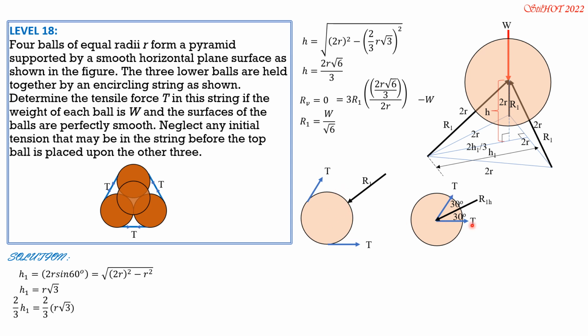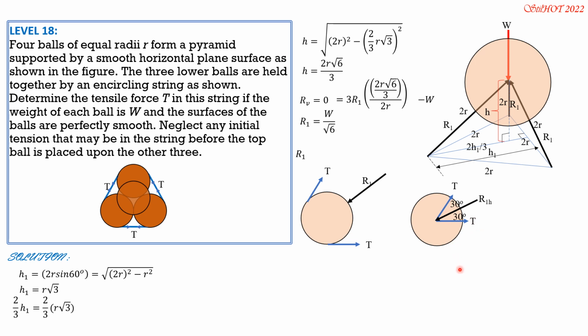So each tension makes an angle with the horizontal component of R1. This is R1. The horizontal component will push this sphere and it is prevented by the tension here. So we consider only the horizontal component of R1 because that's the force that will be resisted by these two tensions T. And the component of tension along this axis, R1H, is T cosine 30.